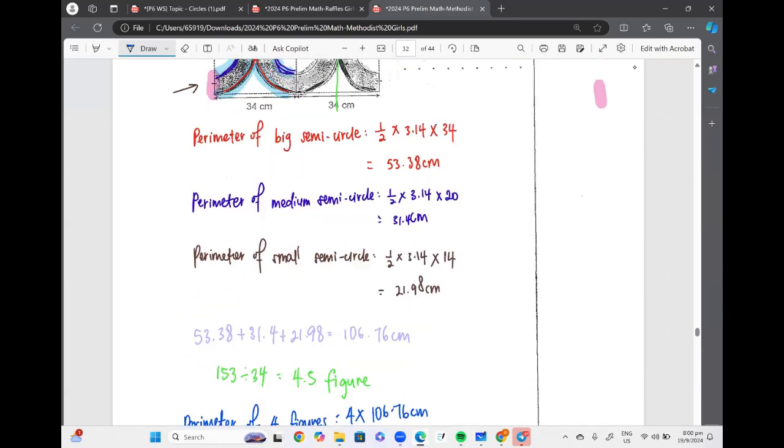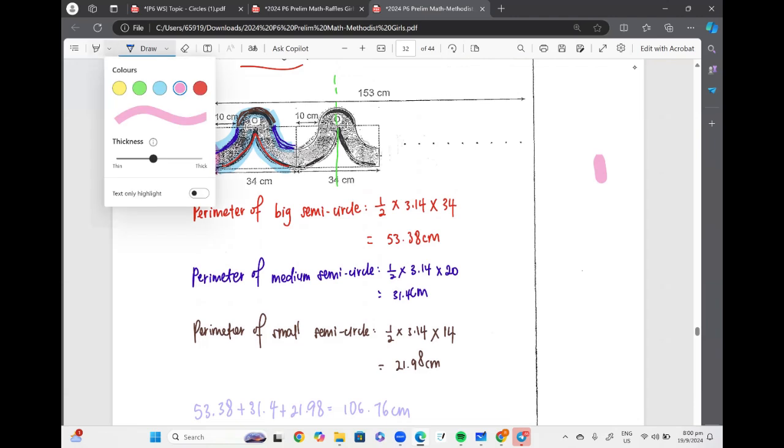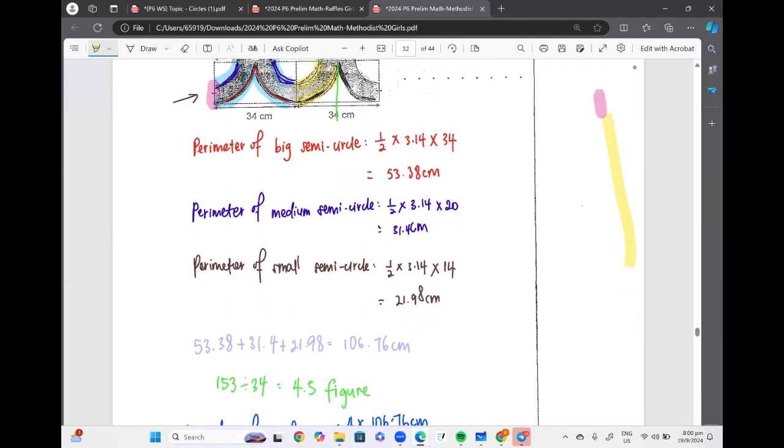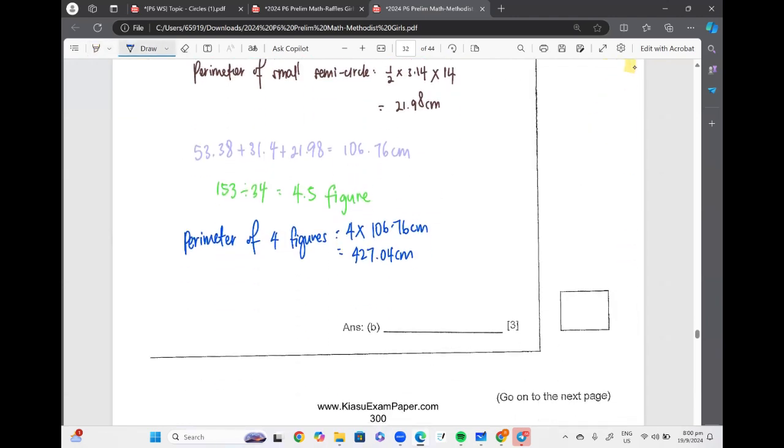How about a 0.5 figure? You realize that it's actually made out of what? Half of this, one of this, one of this. Which I just have to multiply by half. This one, 106.76 times half or divide by 2, which is 53.38 cm.